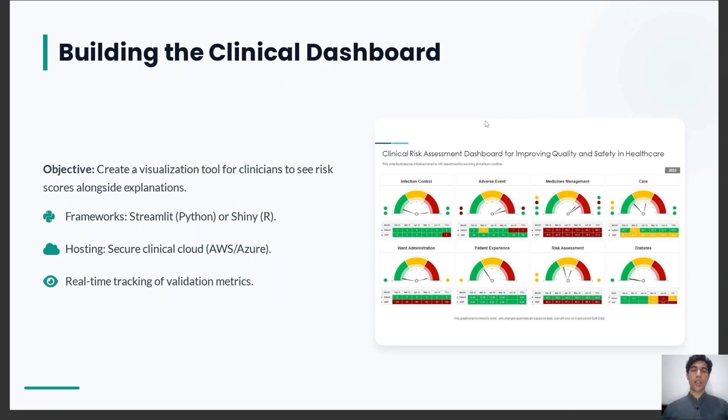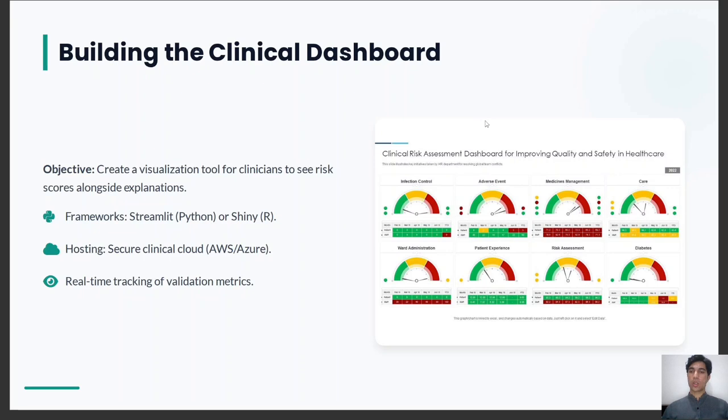Then there is building the clinical dashboard. Until now we have learned all about the statistical and mathematical part of our predictive modeling. Now, to actually use our models for clinicians or medical professionals, we create visualization tools for clinicians to see risk scores alongside explanations, feature importance, and all that.